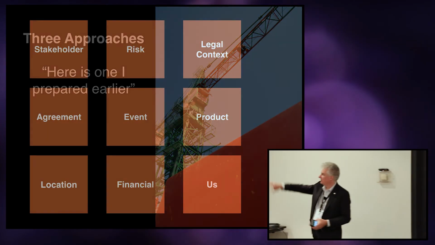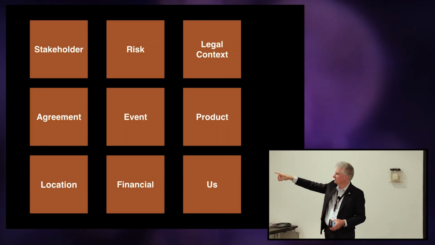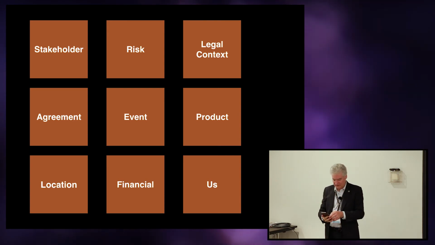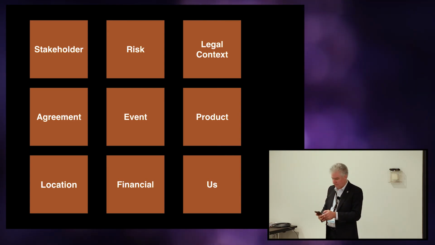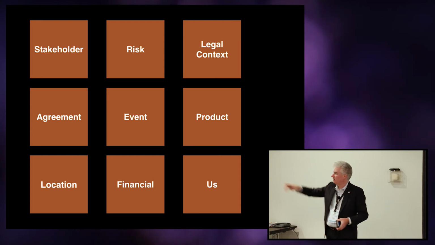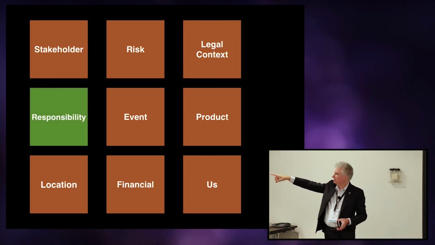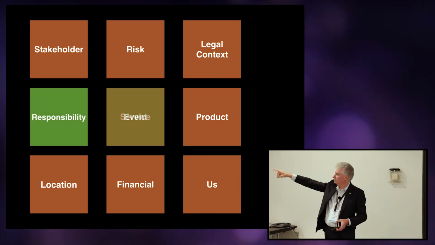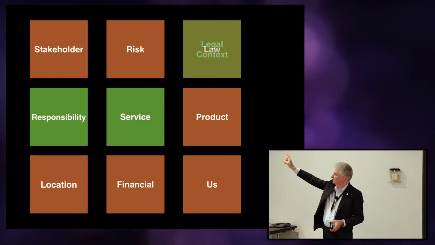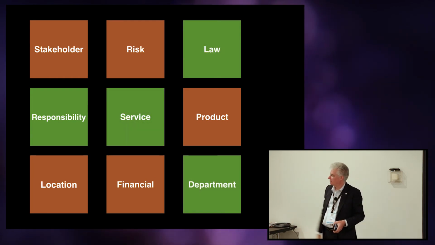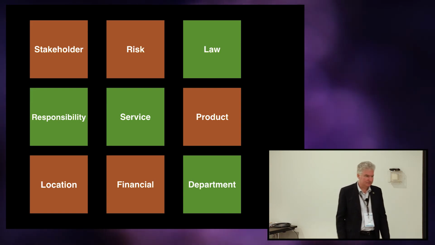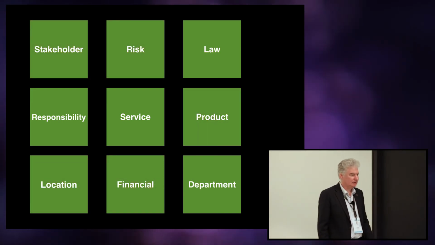So you have this in your back pocket, stakeholder, risk, legal context, agreement, and then you sit down with a client and they go, oh, we can't have agreements, we have responsibilities, we can't have events, we have services, we don't have legal context, we have law, we don't have us, we have the department. And you go, result, morning's work done, got a subject area model.